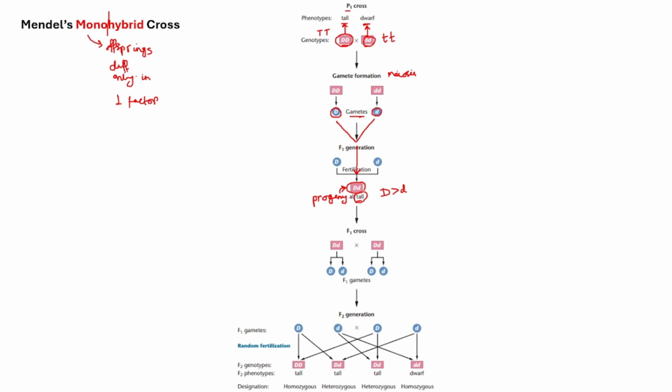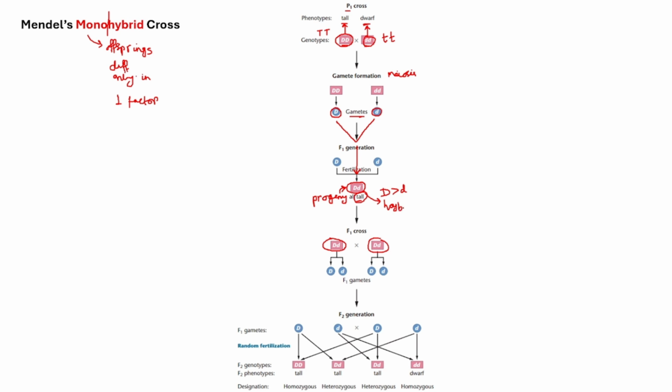Now what will happen if you perform a cross between two F1 progeny? You will have two progenies having the same genotypic representation, capital D small d and capital D small d. Both are hybrids. And what sort of hybrids are they?